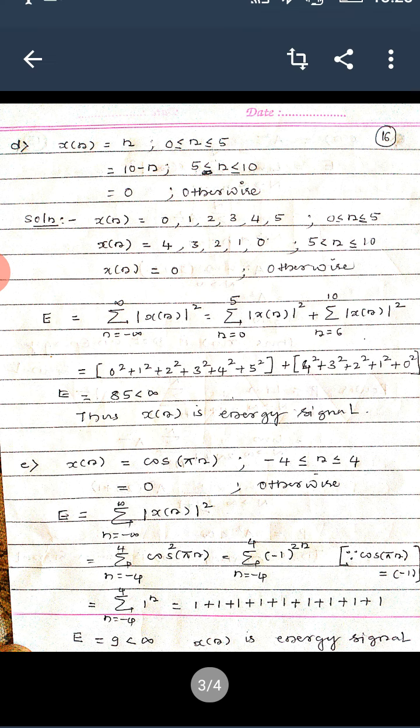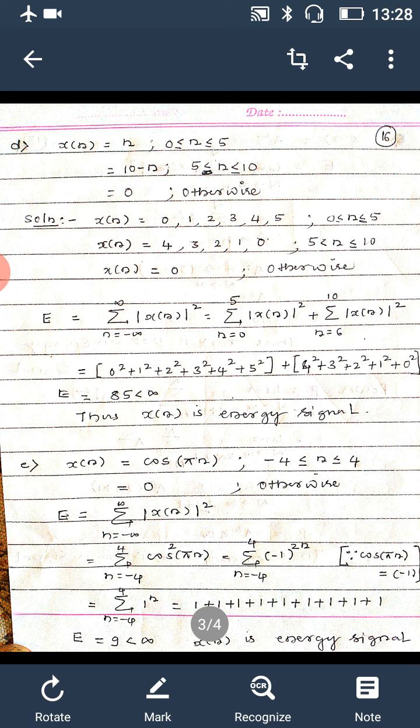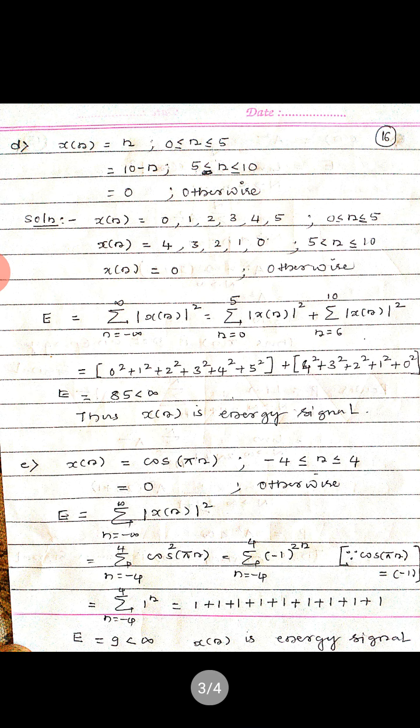So you can write 1 raised to n, and here n goes from -4 to +4. So at n is equal to -4, 1 raised to -4 is 1. Next, 1 raised to -3 is 1. So you just substitute all the values, you will get E is equal to 9, which is finite, and it is an energy signal.